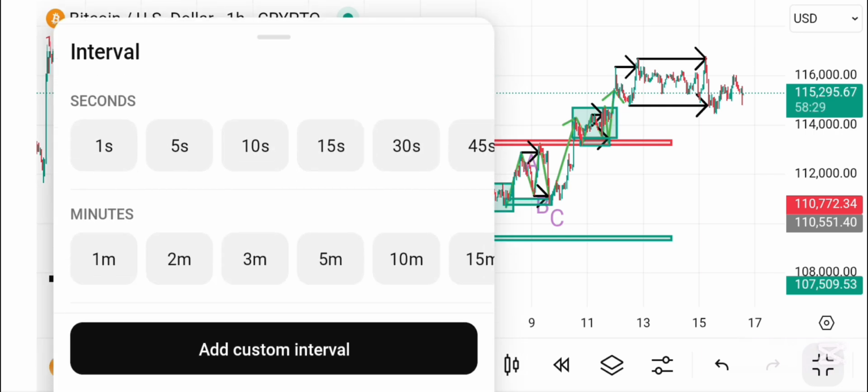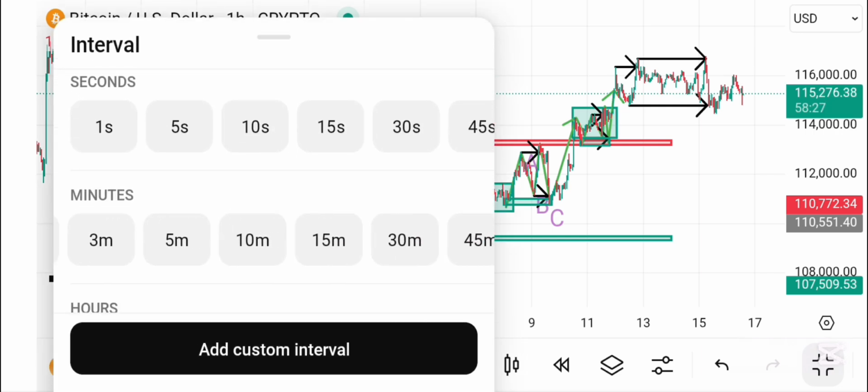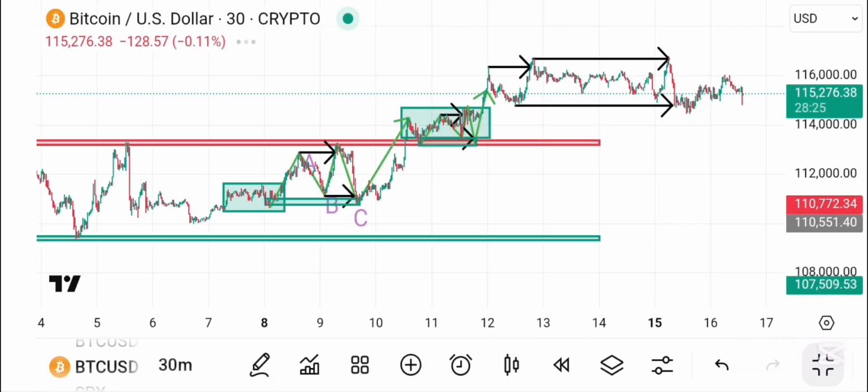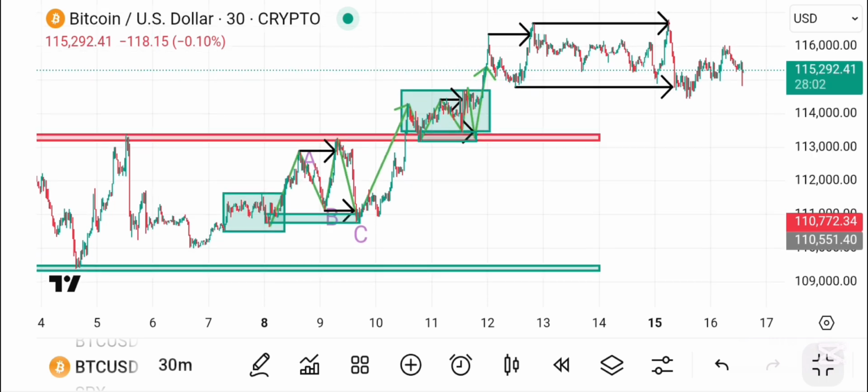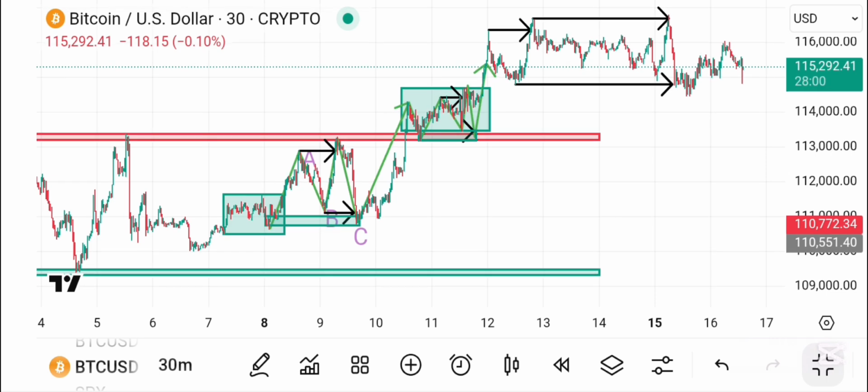Going over to the lower time frame, this was the move, as you can see right here. On the screen, we saw how I told you guys this move is quite repeatable, and this is basically why you need to educate yourself more about how it works and why it works.